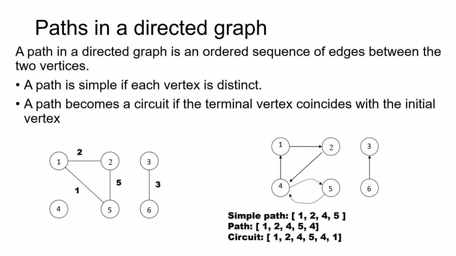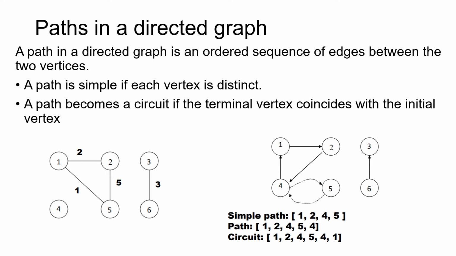The vertices present in the path are 1, 2, 4 and 5. None of the vertices is repeating and all are distinct. So the path existing between 1 and 5 is an example of a simple path.